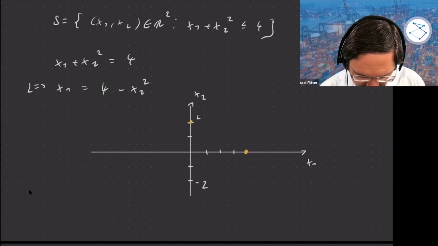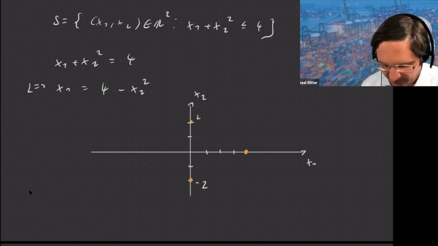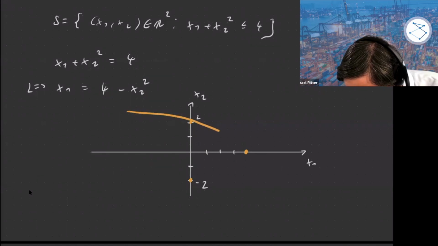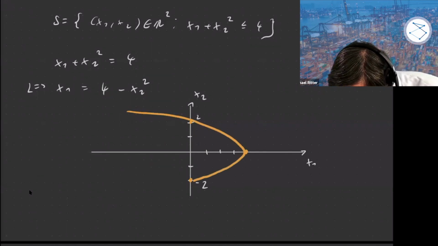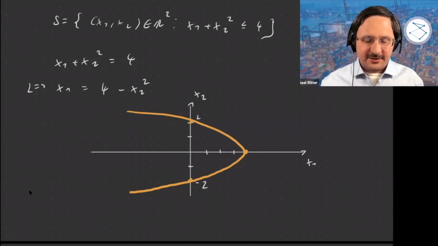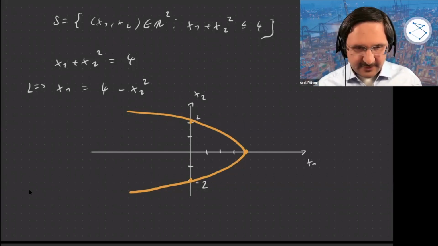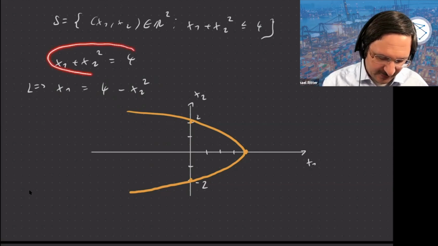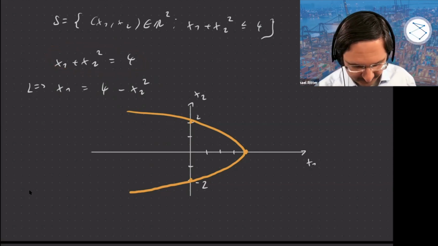So I know this, and I know this point, and I know it's a parabola. So I can try and sketch that very roughly. Let's see. Very roughly should look like this. Okay, so that is the set of points x1, x2 where this holds at equality.